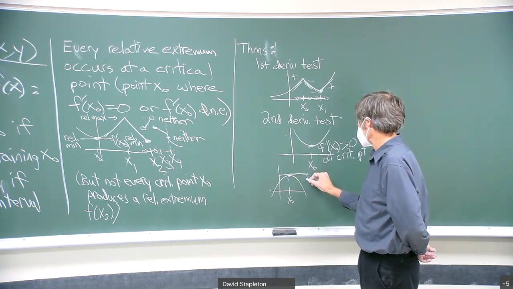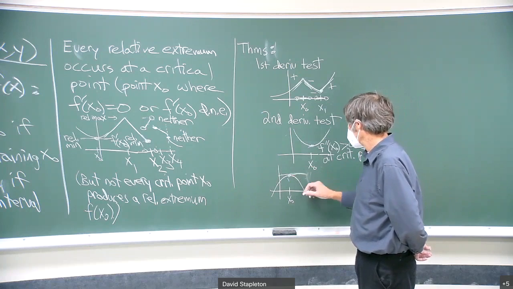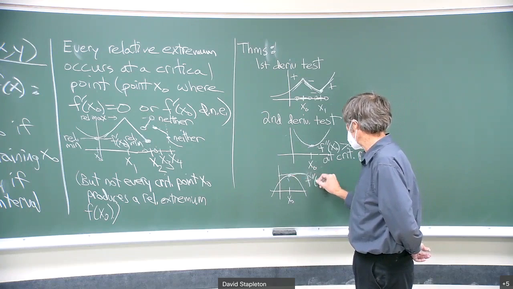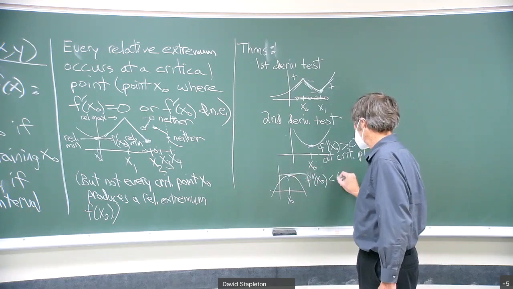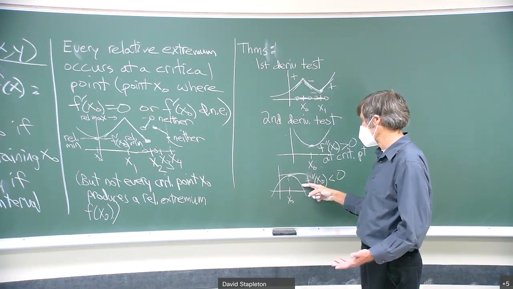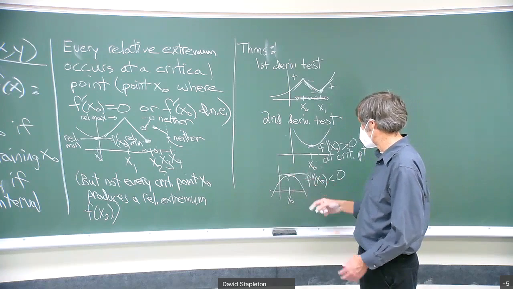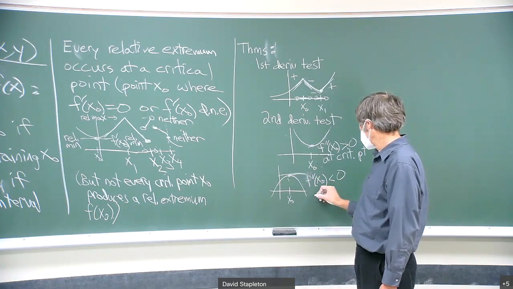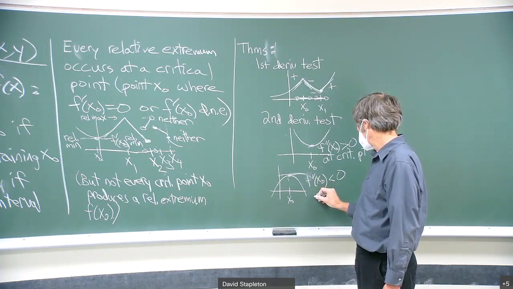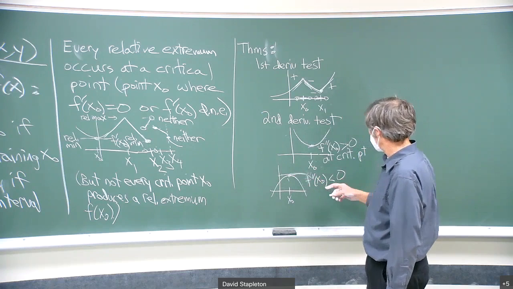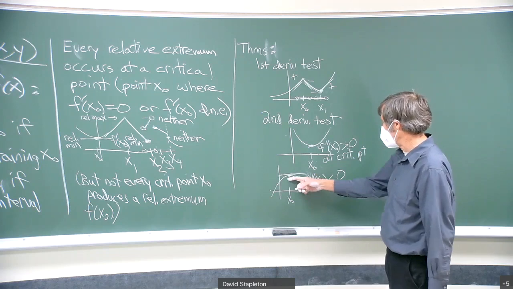At a stationary point, if the second derivative is negative, think of concave down, because if the second derivative exists on an interval, it'll be concave down. Then that gave you a relative maximum.